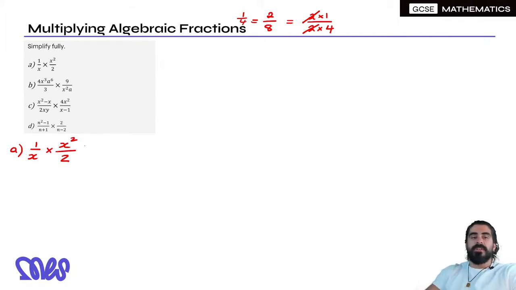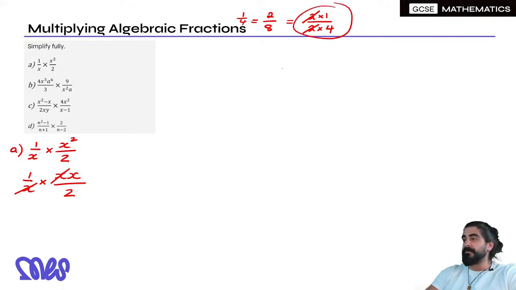X squared, we know, is the same as x times x. So I'm just going to write them next to each other. Now, what you see is in the numerator, there is an x, and in the denominator, there is also an x. So we can just cross them out. They cancel just like the 2's cancelled up here.